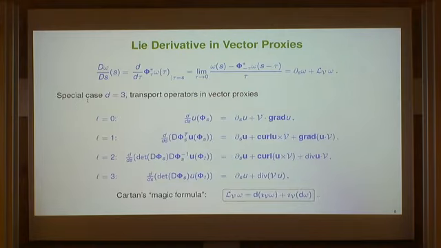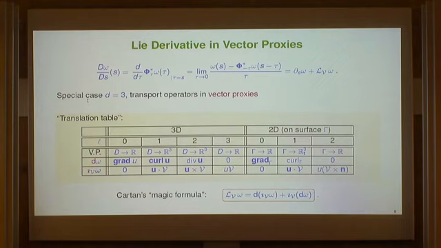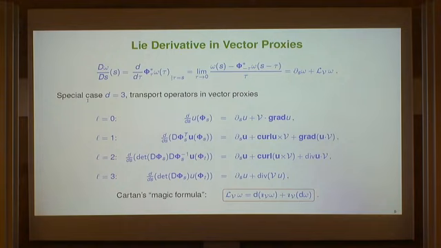Okay, so we have the Lie derivative in vector proxies. Just to show you that the formulas of exterior calculus are really simple compared to what you face when you work out everything in classical vector analysis. So we can use Cartan's formula with the translation table to translate back. These are the formulas for the pullback in vector calculus.